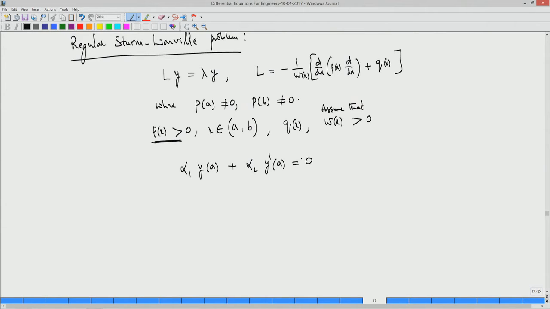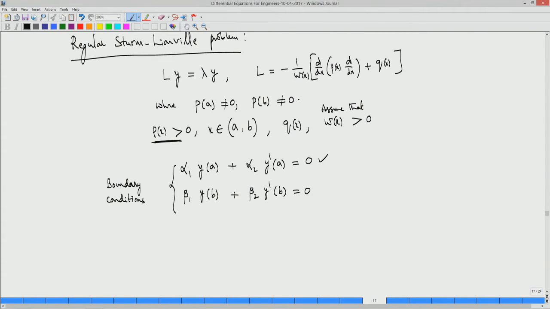This is one boundary condition, at A. The other one is beta 1 y at B plus beta 2 y dash at B equal to 0.